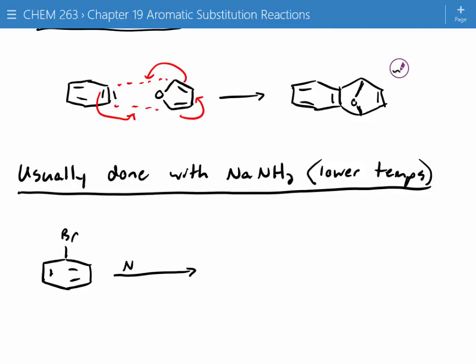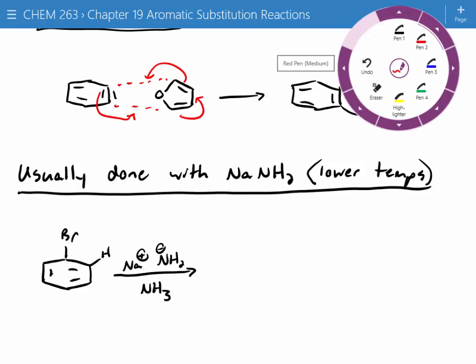Let's say this time we've got sodium amide, with sodium having the positive charge, the amide having the negative charge, and ammonia. This is a stronger base than hydroxide, right? If we look at our pKa table, this is a much, much stronger base.